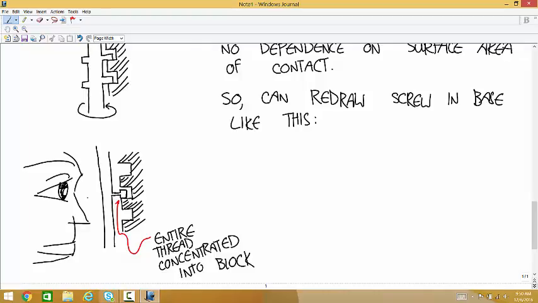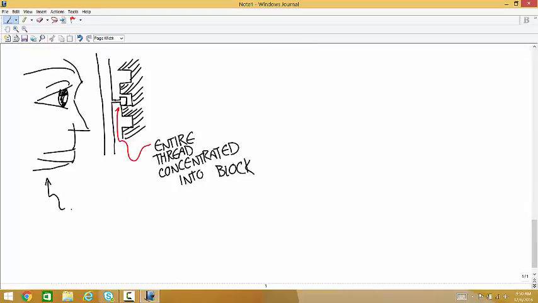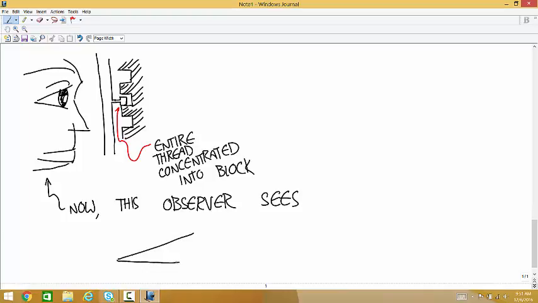What they see is, so now this observer sees a ramp representing the base and a block representing the screw.